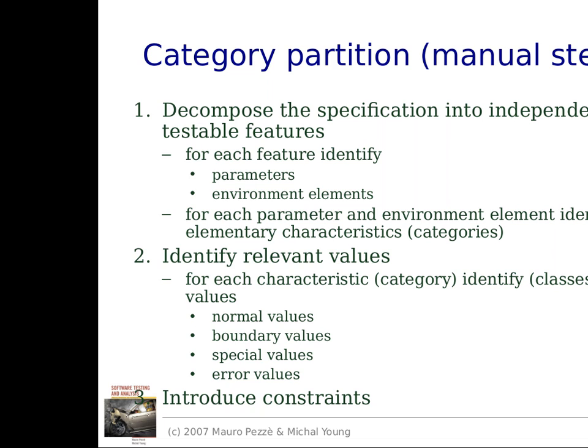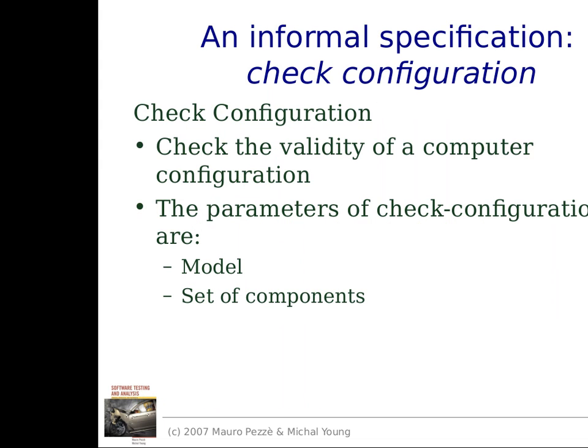And then anything that might produce an error: not enough characters, too many characters, illegal characters, or someone's trying to do an SQL injection. And then lastly, you want to try and introduce some constraints to try and simplify the number of test cases you may have. And I do think an example really helps out, although the example they give is a little overly formal, so I'll try and simplify it for you.